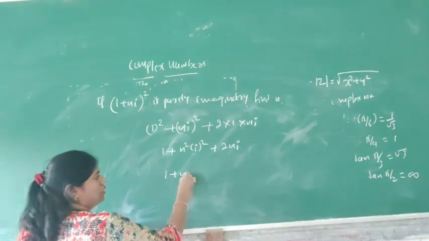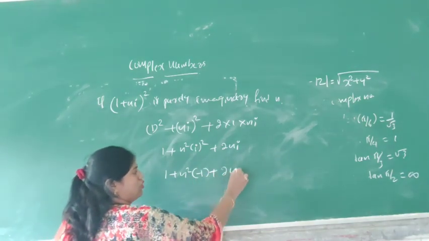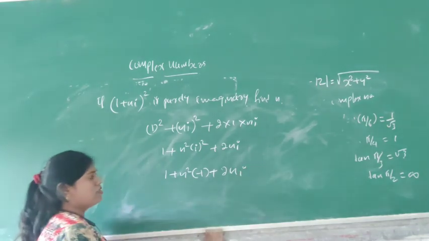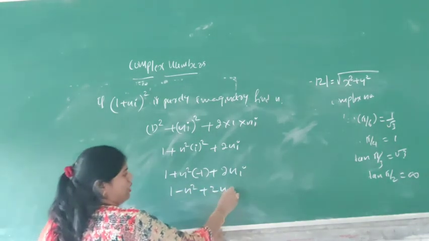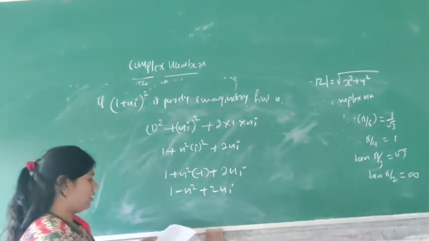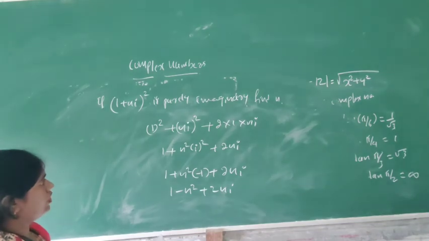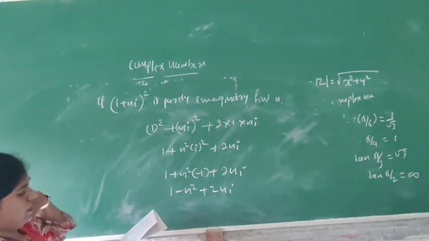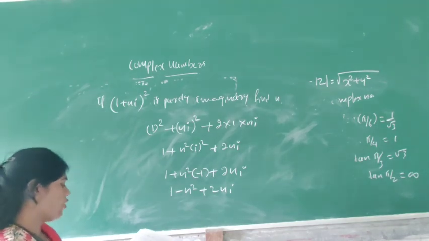So i square is minus 1, giving 1 minus n square plus 2ni.